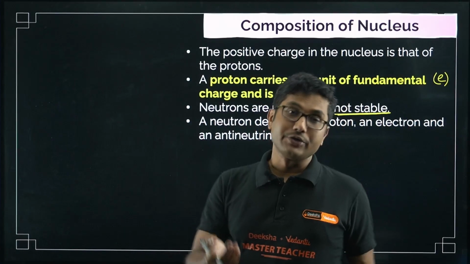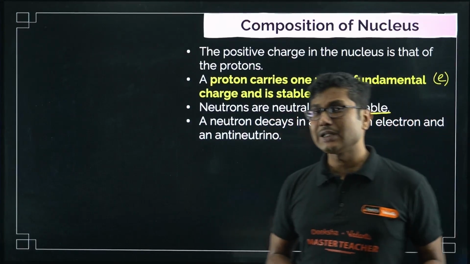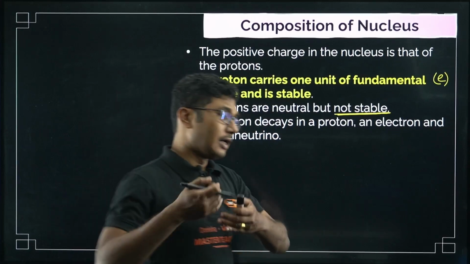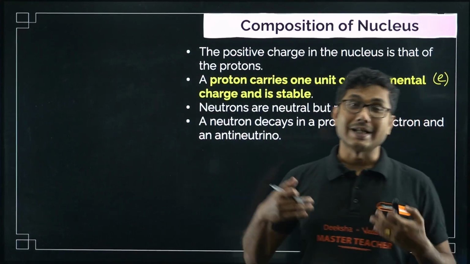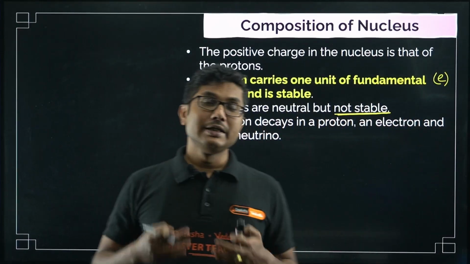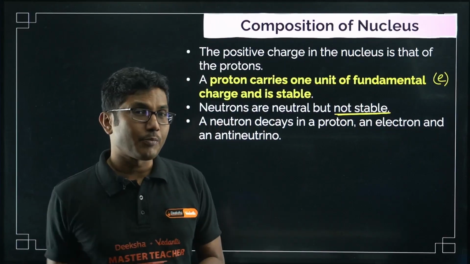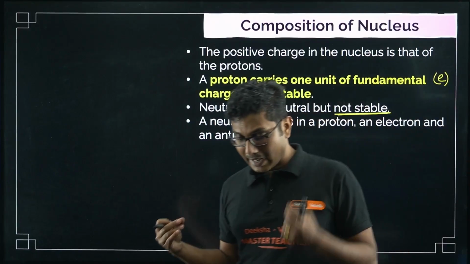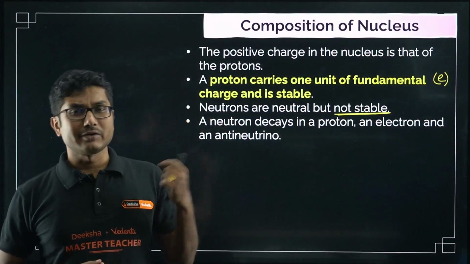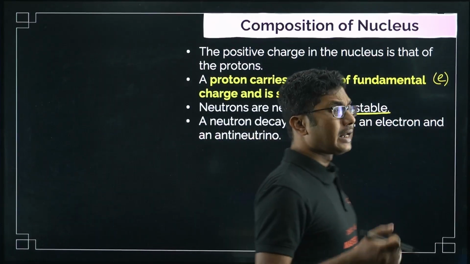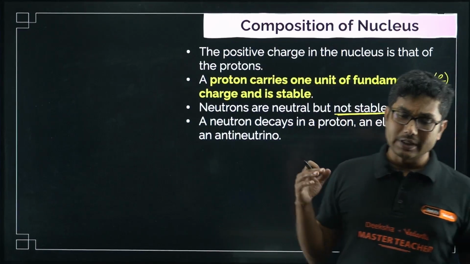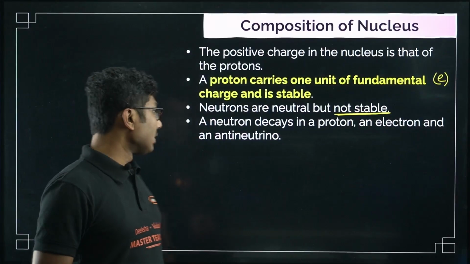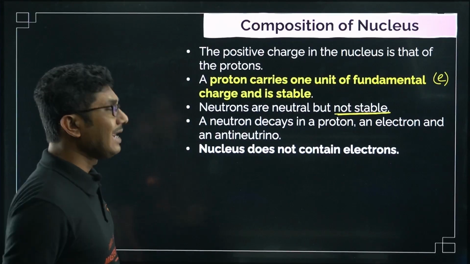Now this electron sometimes comes out of the nucleus, so people think that the nucleus contains electrons. Actually not. In the nucleus a free electron is not possible. Due to the decay of a neutron, an electron can be generated, and that electron can come out of the nucleus, but that is not a nuclear electron. Nucleus does not contain electrons.